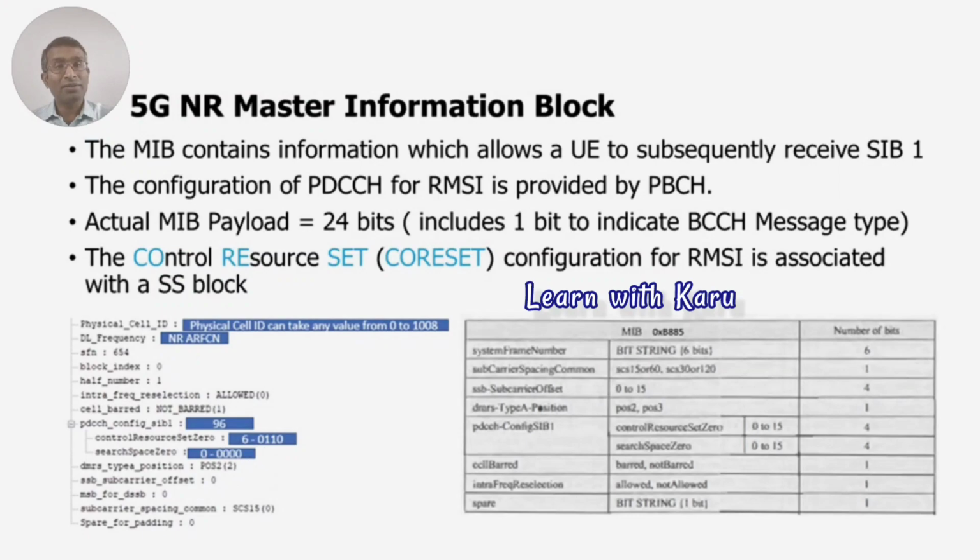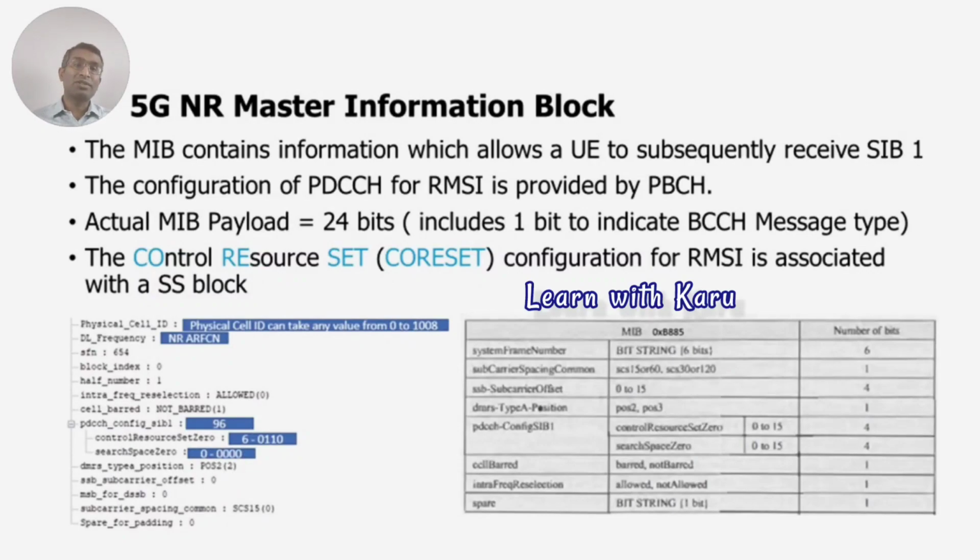And here the value in this example is 96, and if we convert that into binary, the first 4 bits, or the MSB, is 0110, which tells what control resource set 0 is.